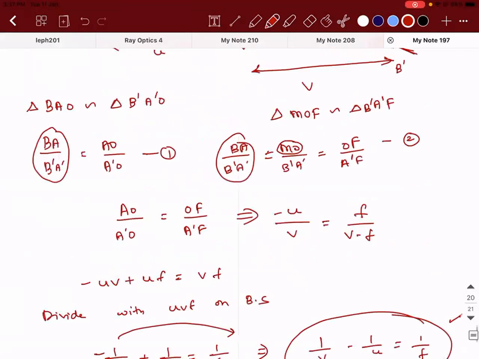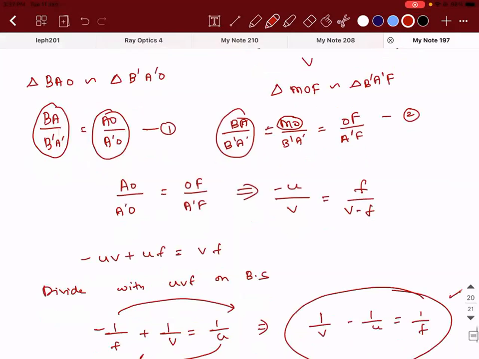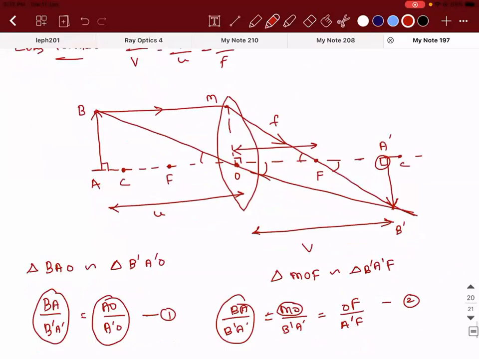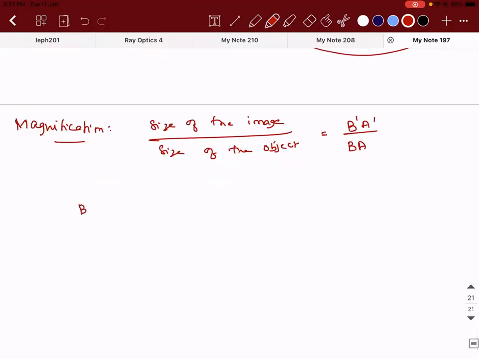Okay. So B dash A dash divided by BA is equal to A dash O divided by AO. So which implies B dash A dash is what?